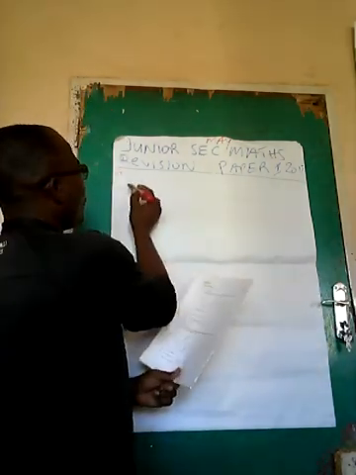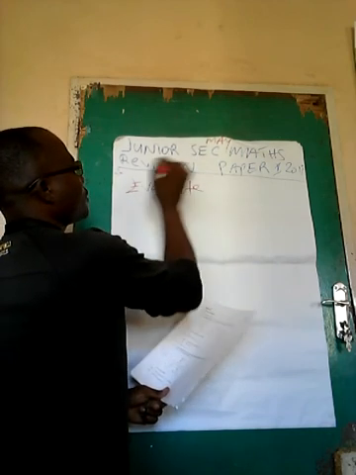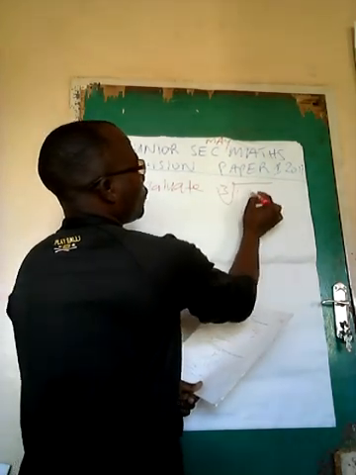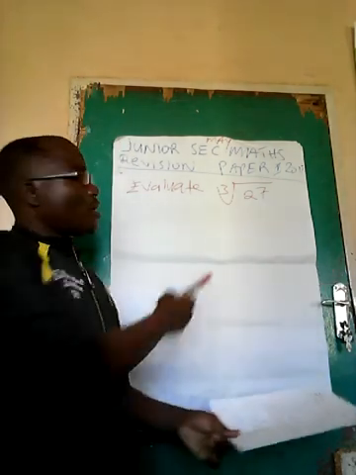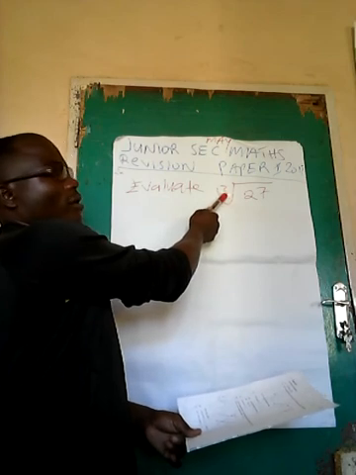For example, we have: evaluate the cube root of 27. How do you know that they want you to calculate the cube root? Look at the number which is in front of the root.